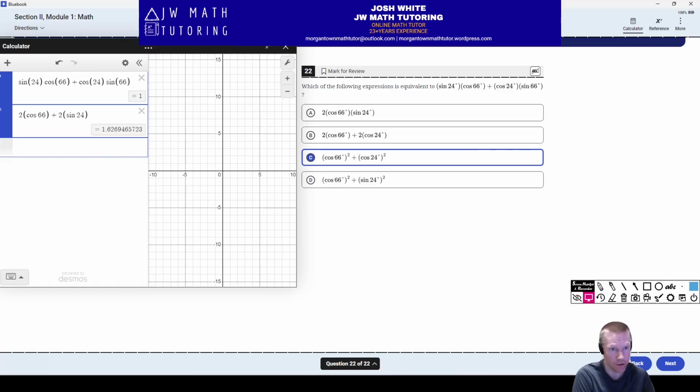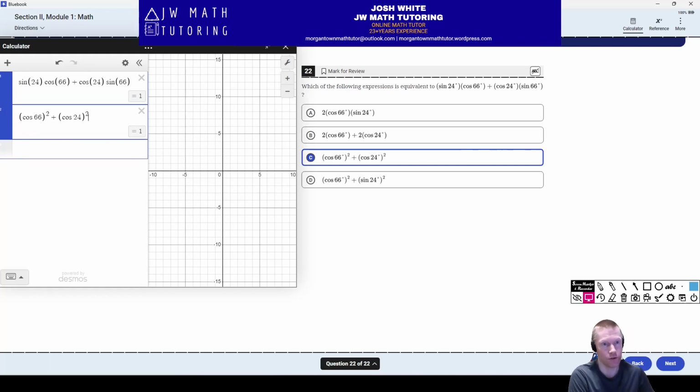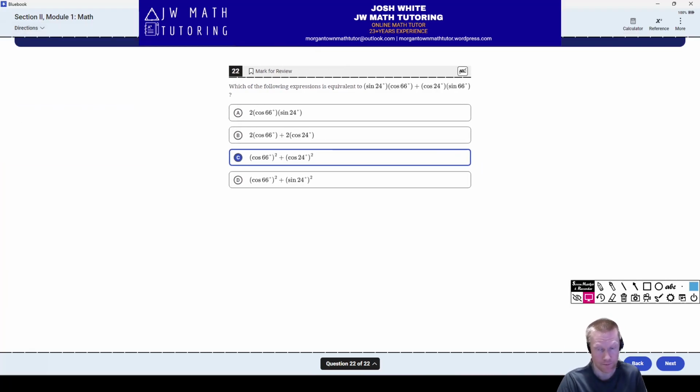No. Okay, answer choice B. Is this equal to 1? No. All right, now let's look at answer choice C. Or actually, sorry, this is D, which is not equal to 1. But now if I change this, there we go, to answer choice C, where I have the cosine in the second one, yes, this is equal to 1. This confirms that C is the equivalent expression to the one that's given in the problem.